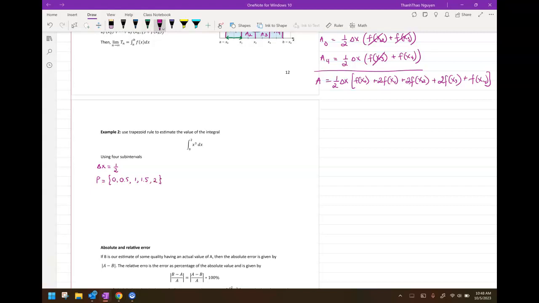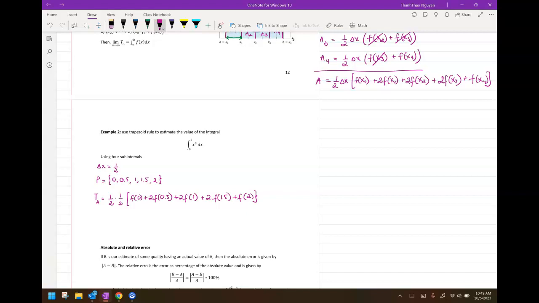So using the trapezoid rule, T sub 4 will be equal to 1/2 times delta x. That's 1/2 times 1/2 times f of 0 plus 2f of 0.5 plus 2f of 1 plus 2f of 1.5 plus f of 2.